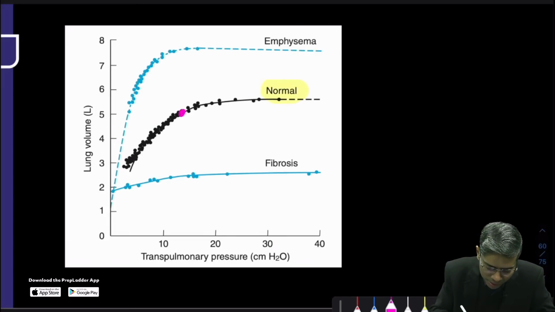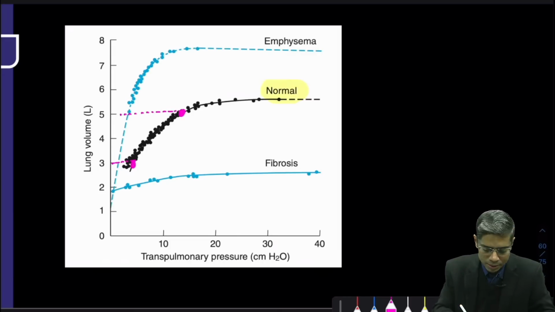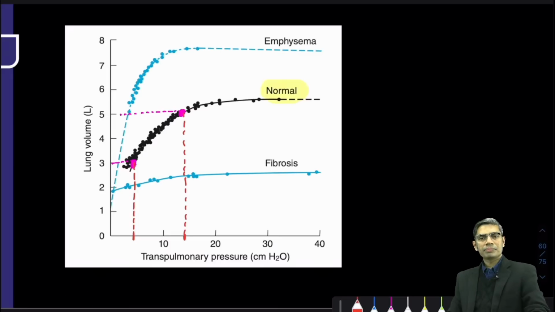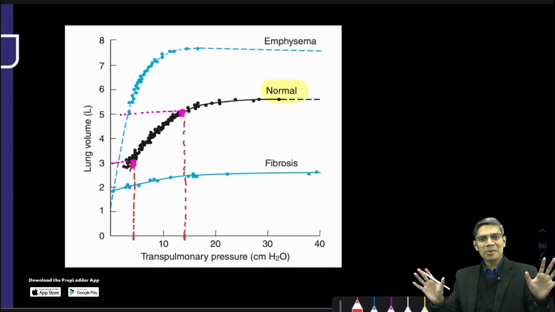Now you drop a perpendicular from this 5 and drop a perpendicular from 3. Now you extend this perpendicular line to the x axis. I did nothing else, just dropped the perpendicular.